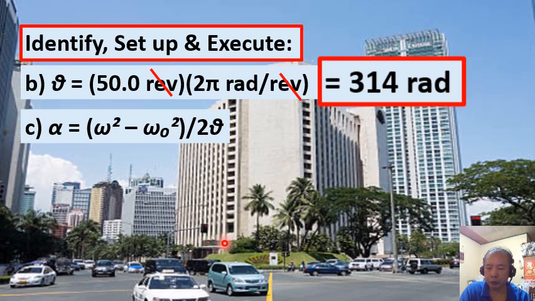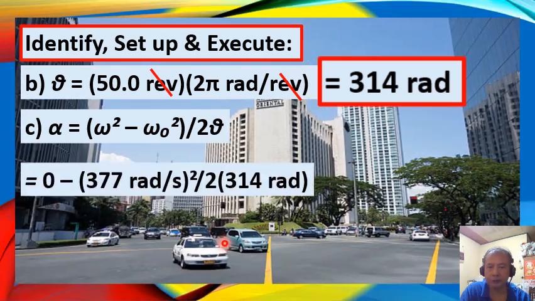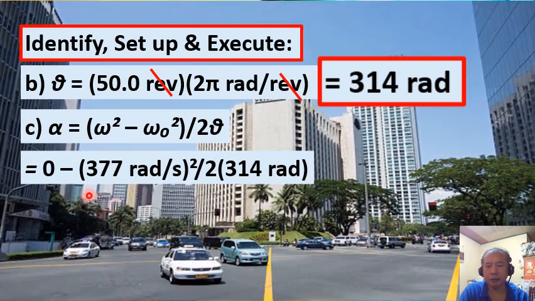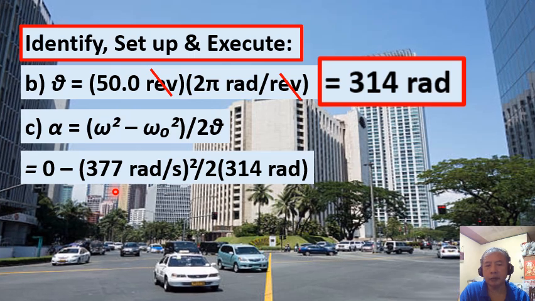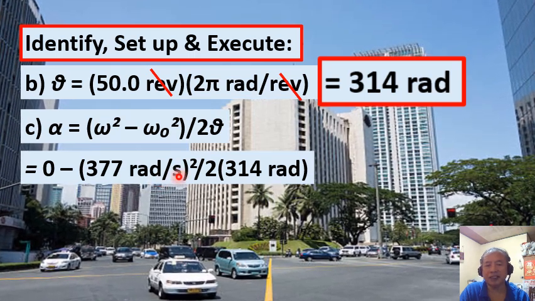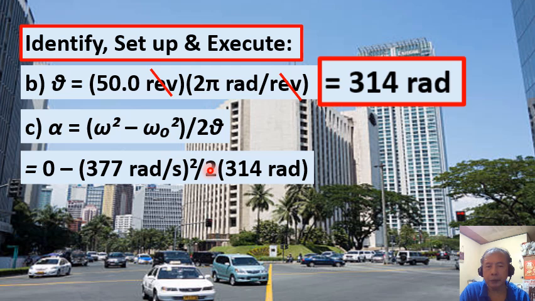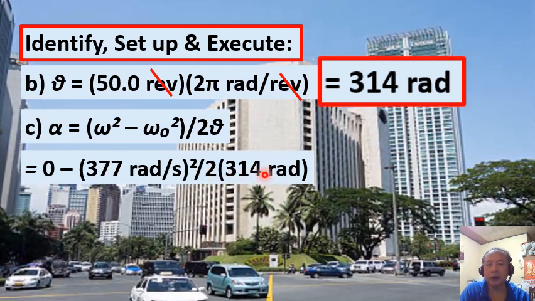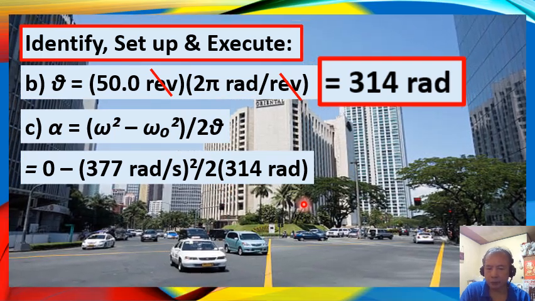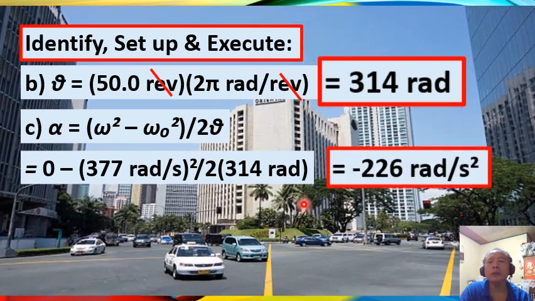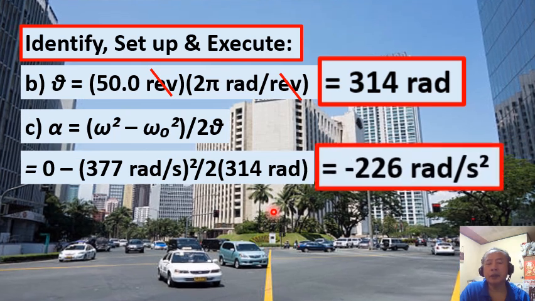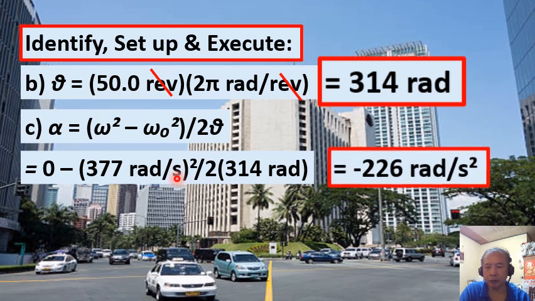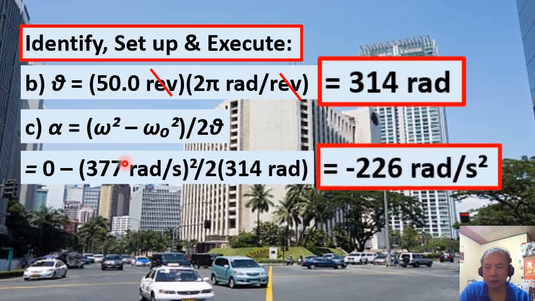Substituting our given quantities, we get alpha equals 0 minus the square of omega naught, which is 377 radian per second, divided by the product of 2 and 314 radians. When we do our math, we get the constant acceleration alpha equal to negative 226 radian per second squared.